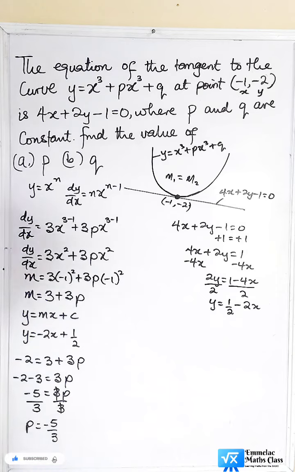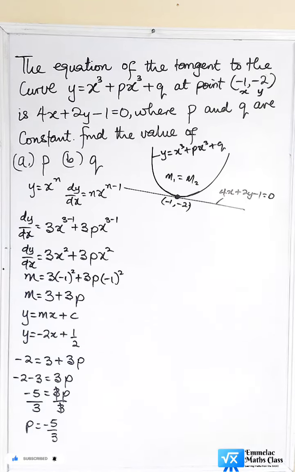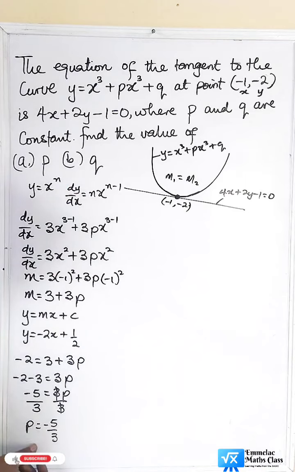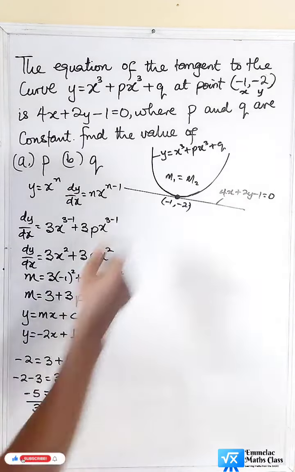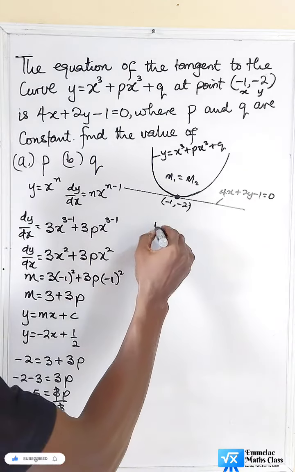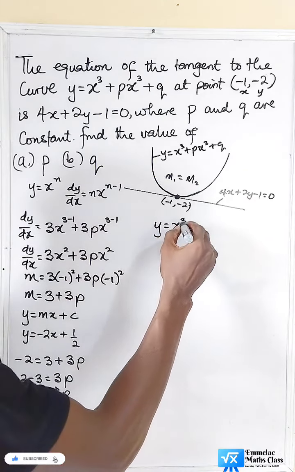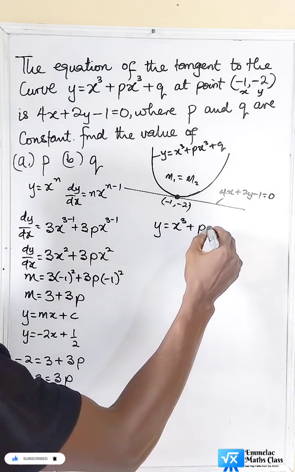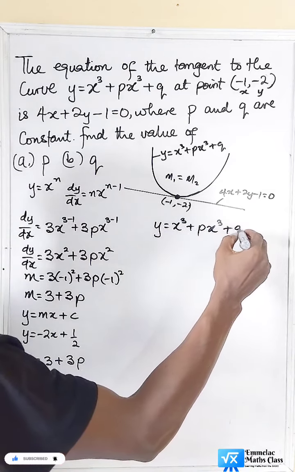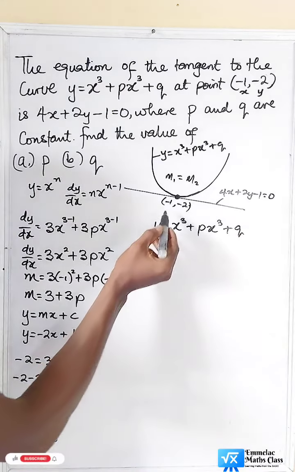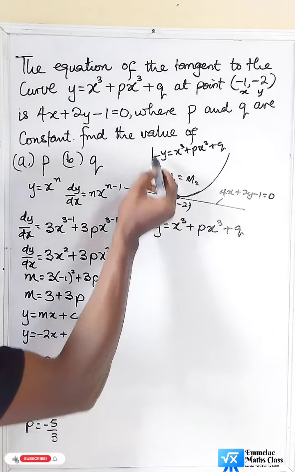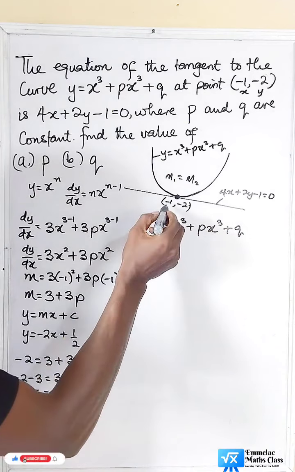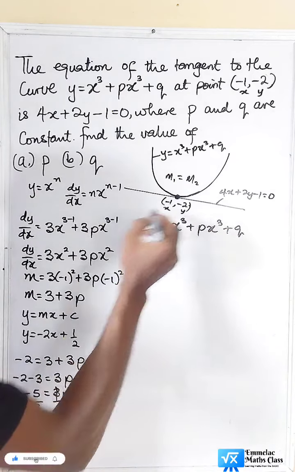Now let us find the value of q. Now that we've gotten the value of p, we come back to the curve y equals x cubed plus px cubed plus q. This is the point at which the curve and the tangent meet, and here is our x and here is our y.